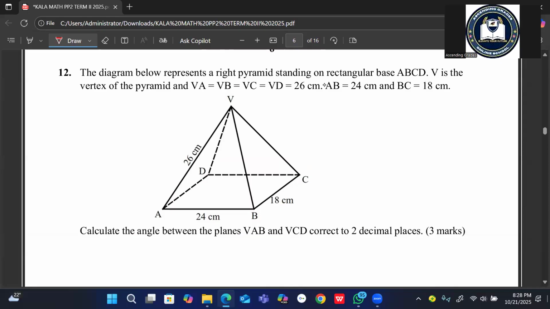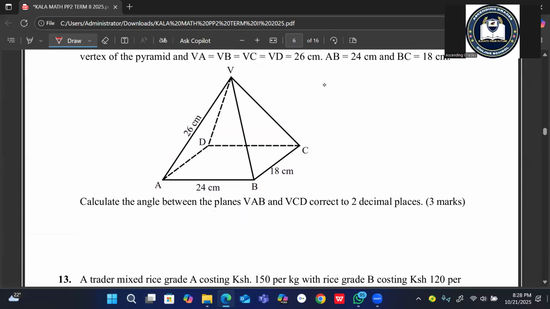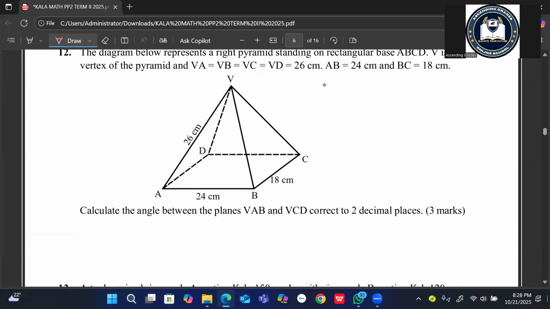AB, that is the base, is equal to 24 centimeters, and BC is equal to 18 centimeters. We are told to calculate the angle between the planes VAB and VCD, correct to two decimal places. So that one is very simple.